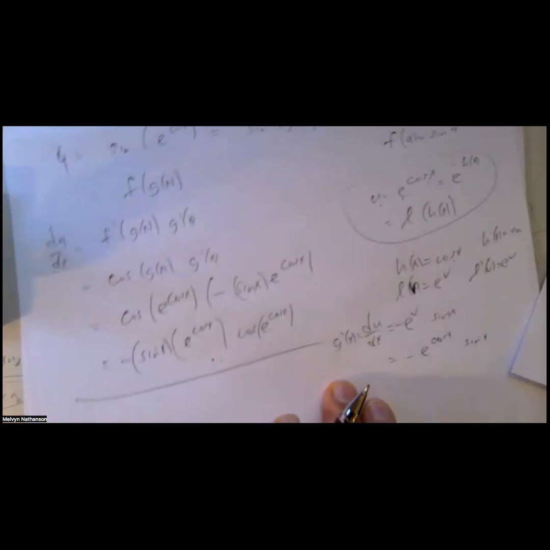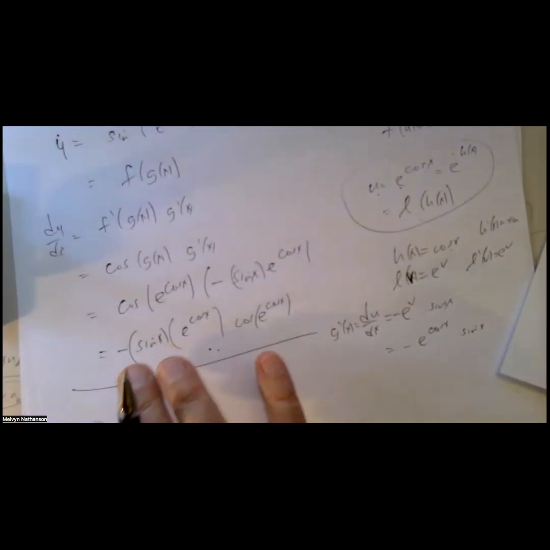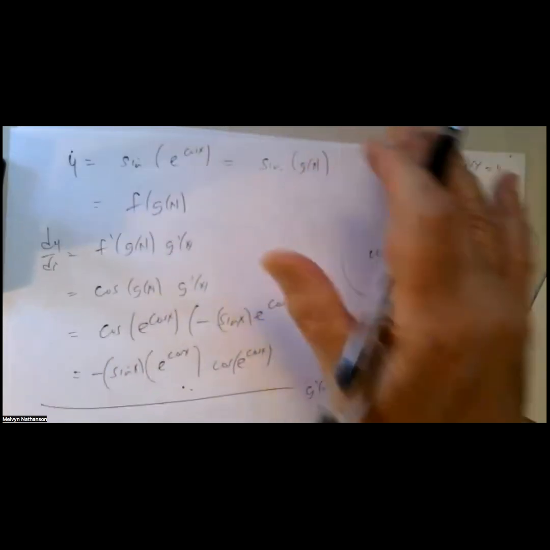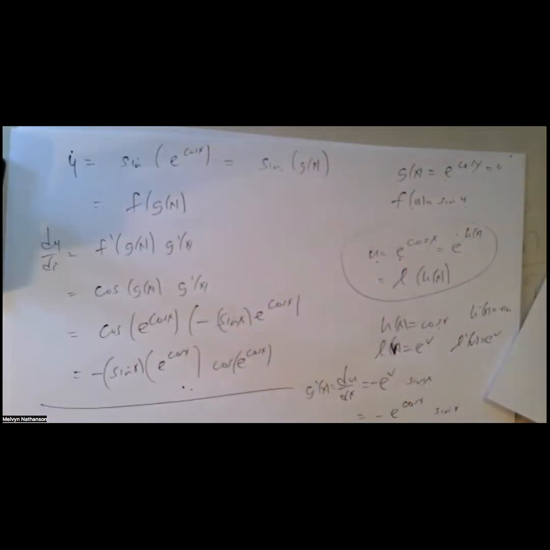So we have a product of these three terms: minus sine x, e to the cosine of x, and the cosine of e to the cosine of x. So that somewhat complicated mess is the answer.